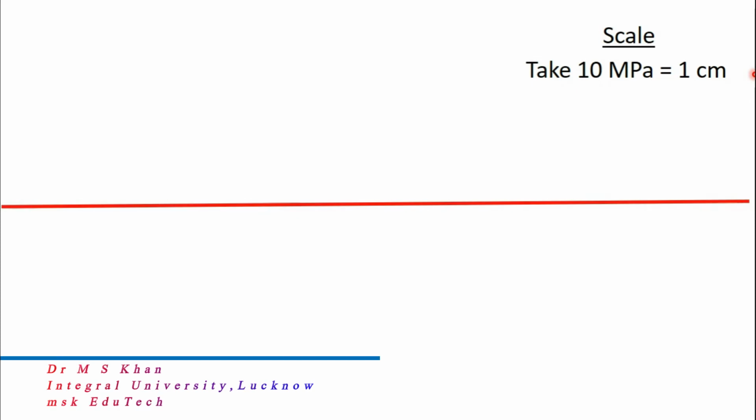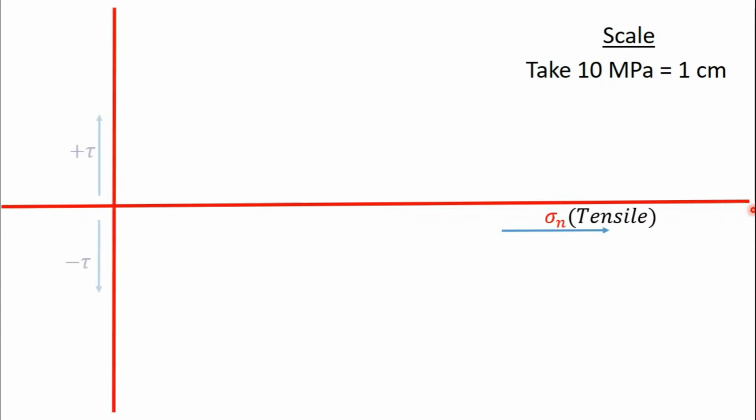Now, taking a scale of 10 megapascals to 1 centimeter, first draw an x-axis. All the normal stresses are plotted on the x-axis and all the tangential stresses are plotted on the y-axis. You can see here that positive shear, tau, which is clockwise, is plotted on the positive y-axis, whereas negative shear stress, minus tau, or anti-clockwise, is plotted on the negative y-axis.